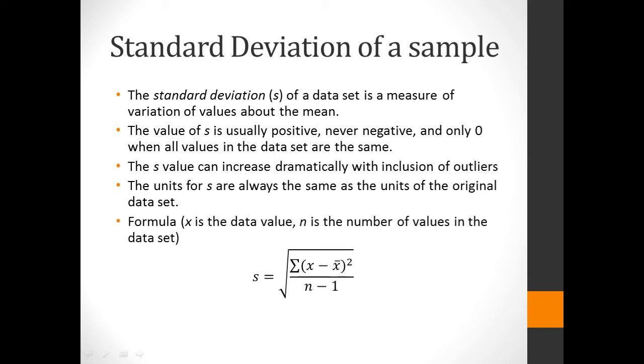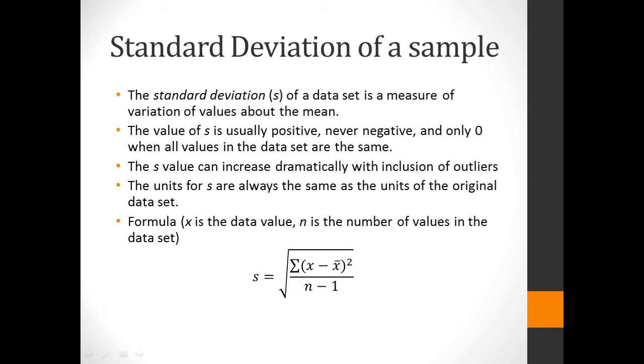The formula that we'll discuss with brevity, because it's not something I need you to memorize, is the summation of all the values, where we take the X value, which is the data value, and we're using every single one of the data values. That's why we have the summation sign there.